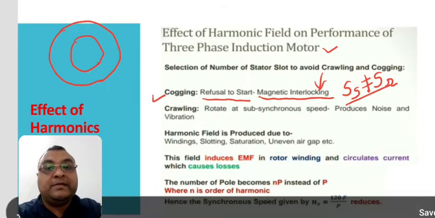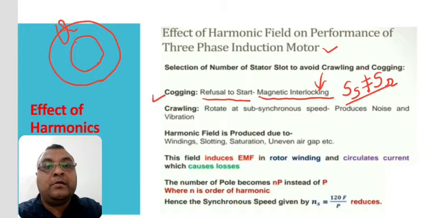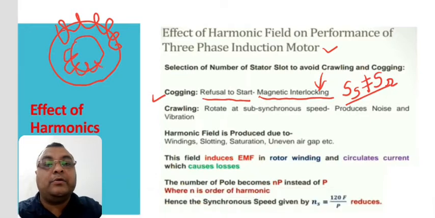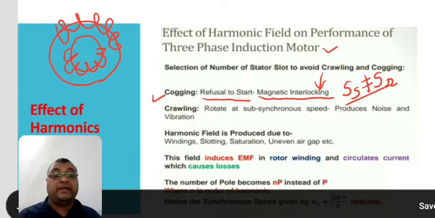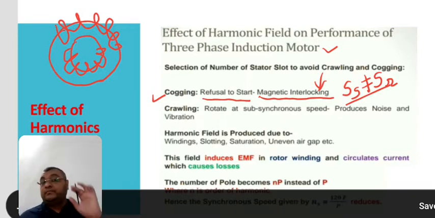There is a certain winding on the stator as well as a winding on the rotor. I just drew it here arbitrarily for understanding; it is not exactly what it is. Due to this winding, a magnetic field is produced on the stator and rotor.